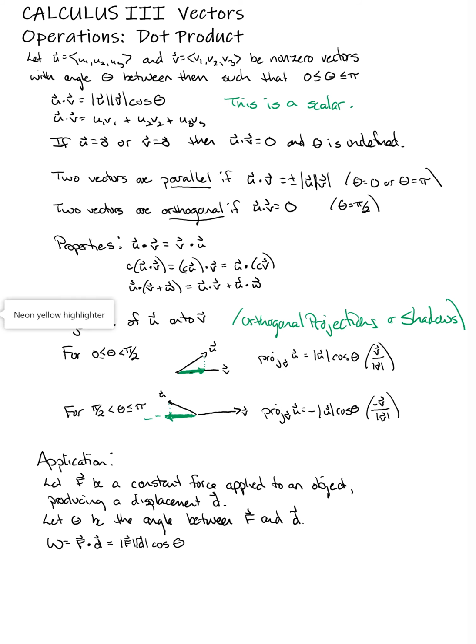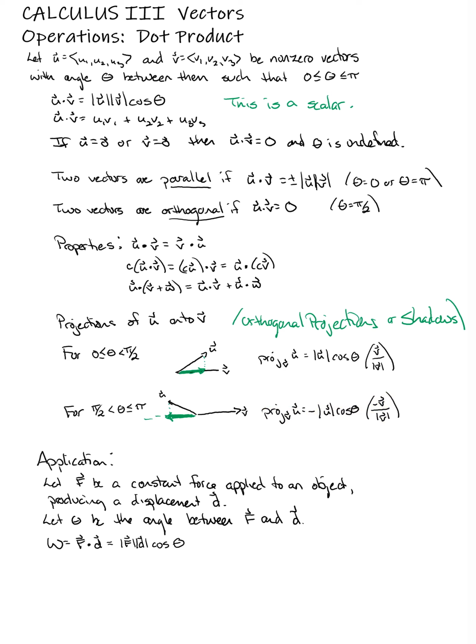So in this case, the projection onto v of u is the opposite of the magnitude of u times the cosine of the angle between them times the opposite of vector v divided by the magnitude of vector v. Very, very similar. You just end up with some negatives in there, so be careful with all of that.